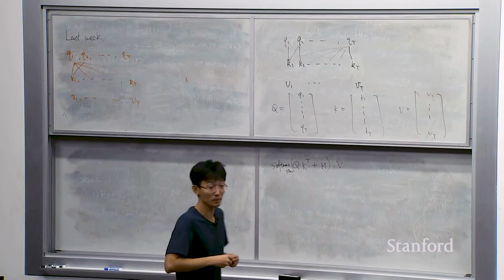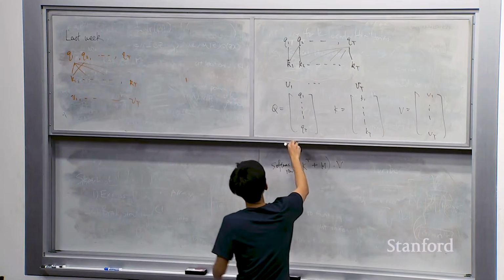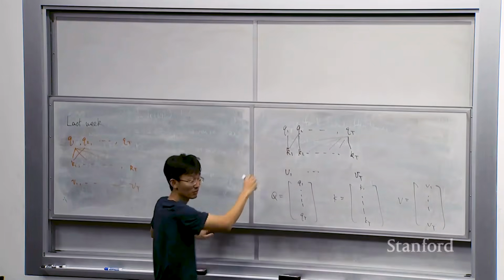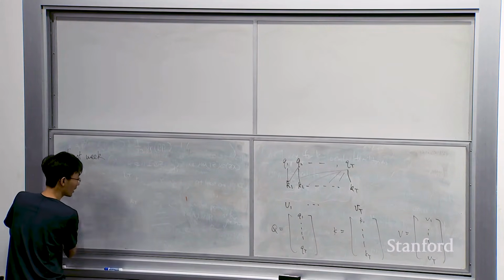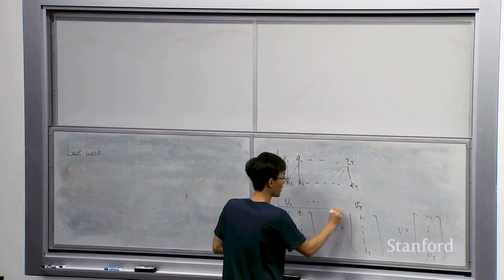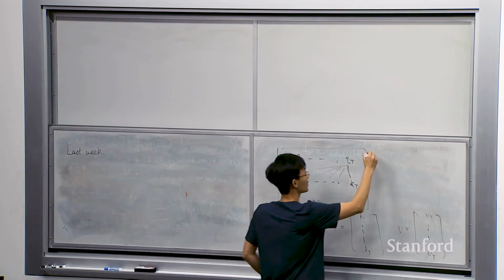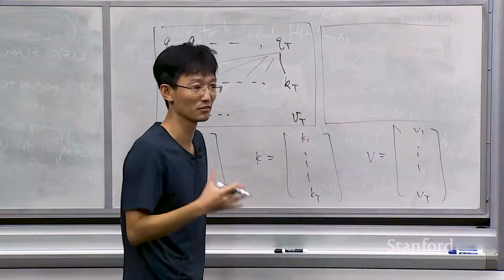And then when you have multiple heads, what happens is that you have many replicas of these, as opposed to only one tuple here. This is one head. You have another head, which is the same architecture with different weights.